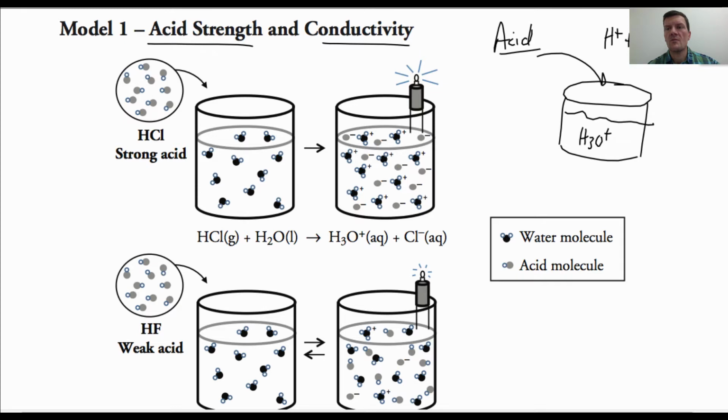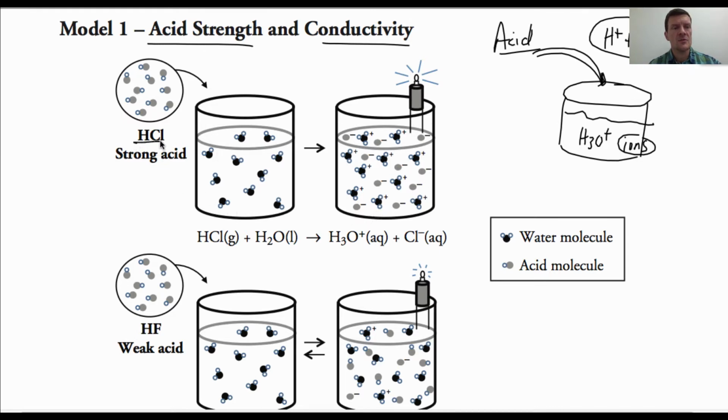H plus and a water molecule put together. Those two are going to form your hydronium. That's an ion. Ion is a charged particle. Okay? So acid, when you put it into water, is going to form ions. It's true for a base as well, but we're going to focus on an acid right now.